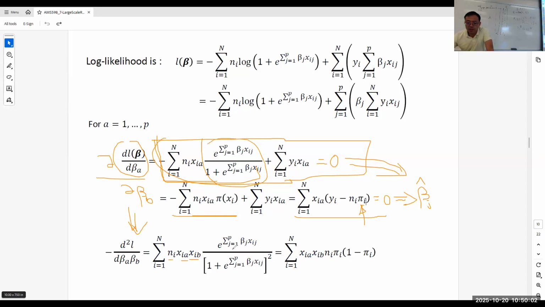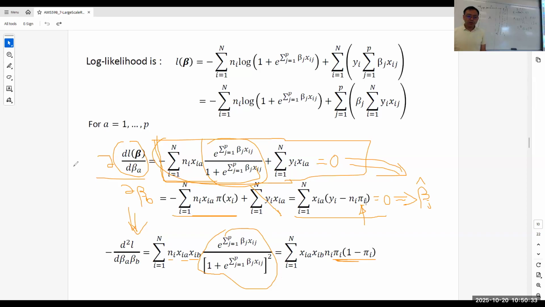The second term does not contain any beta, so it is gone. So there's only one term. Notice this term right here is pi i times 1 minus pi i. So this is the second order derivative, and we can simplify it a little with this form.